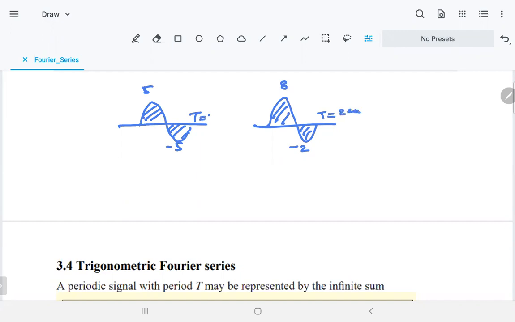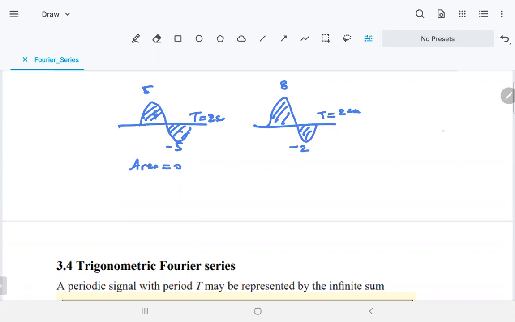Here the positive area is bigger than the negative one. For a sine wave like that it's kind of hard, because you have to integrate.